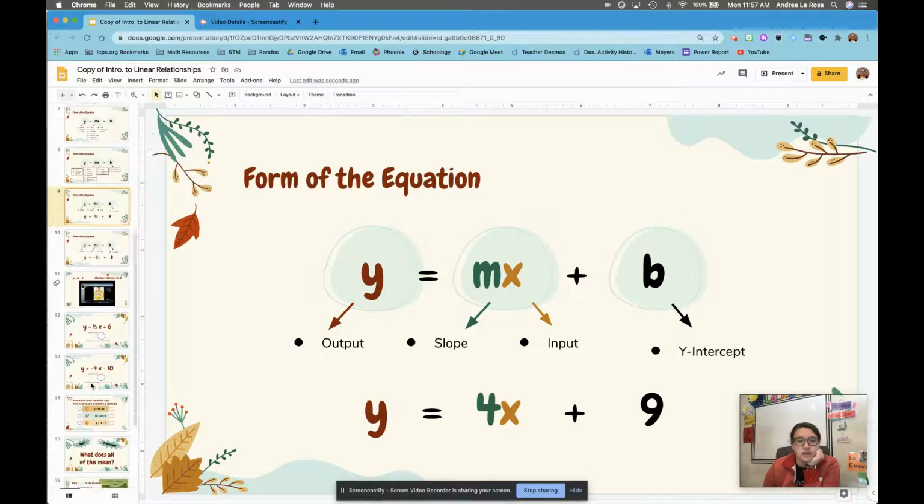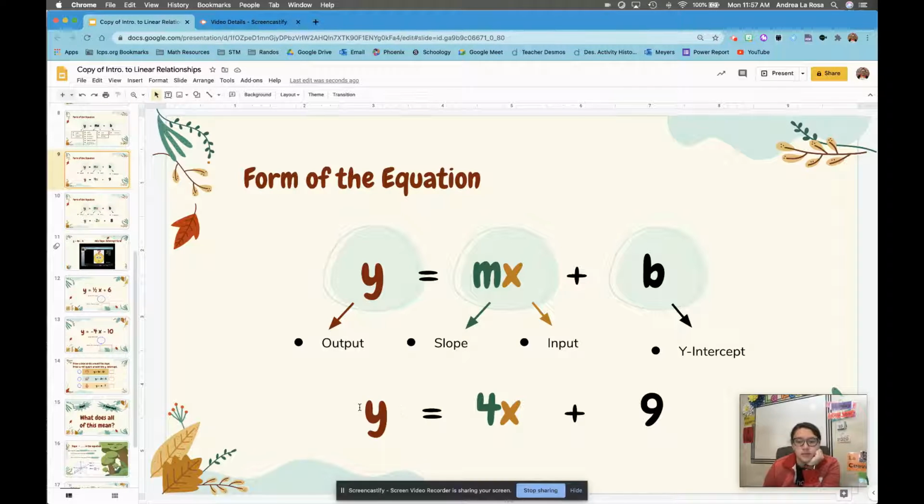So here in this equation at the bottom, y equals 4x plus 9, my output is y. In these equations, they're just going to be in this form, y equals mx plus b. Y is just going to be the variable y, the output. The m, that's my slope, is the number in front of the x. So for this situation, my slope is 4.